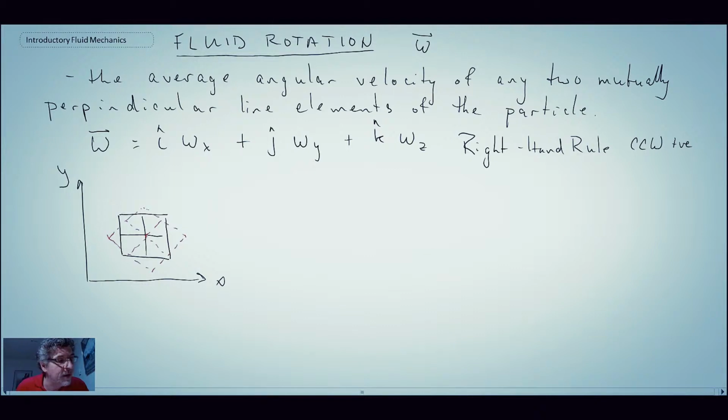So we're going to zoom in on that, and we have our two orthogonal lines that are rotating. We're going to write out some terms, and that will enable us to come up with a derivation for omega, little omega.